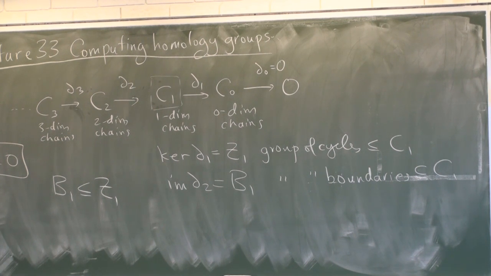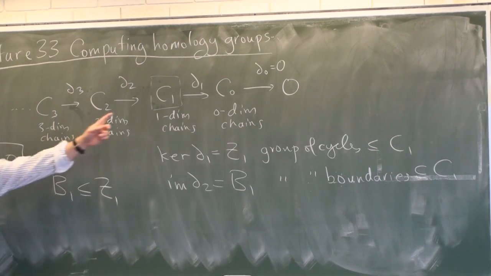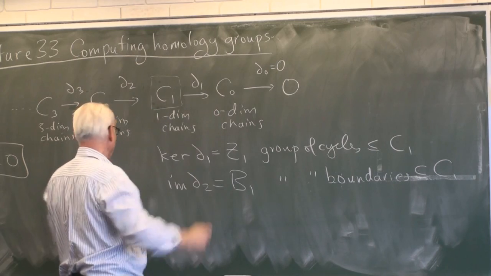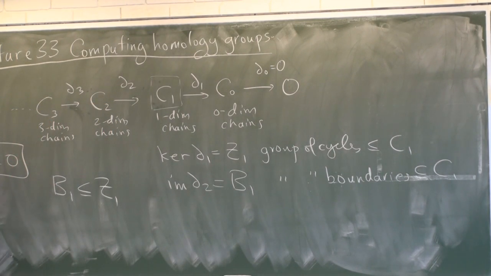If something is a boundary, then it is necessarily a cycle. Something is a boundary here, it means it's coming from something over here, and that means that if you apply del a second time, you're going to get 0, so it means it's a cycle. So the boundaries are inside the cycles, and then it's the relationship between these two groups that generates the homology.